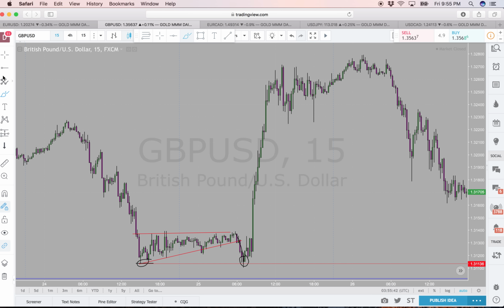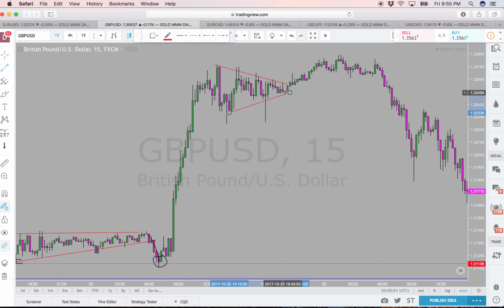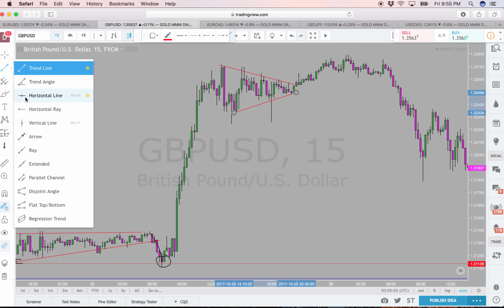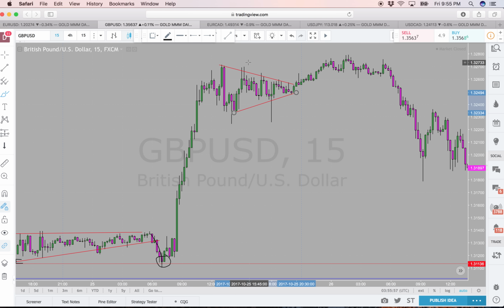Here's another one. Here's another very good example, actually. You could have taken this for 100, 150 pips, and then you could have seen this exact same thing over the high of the day, the high of the previous day, which we just traded. We're starting Asian session.